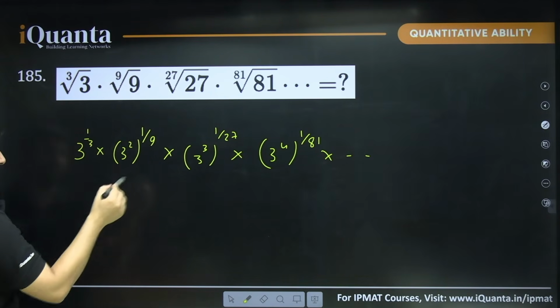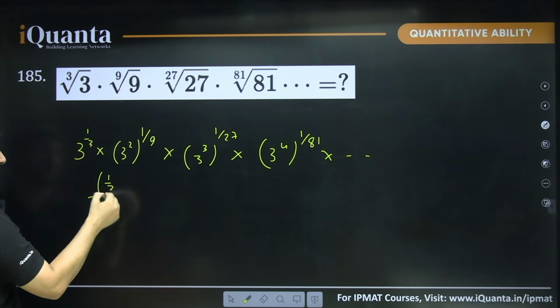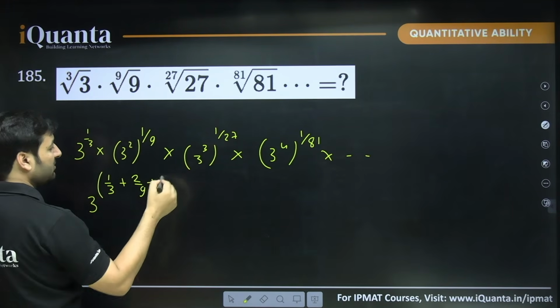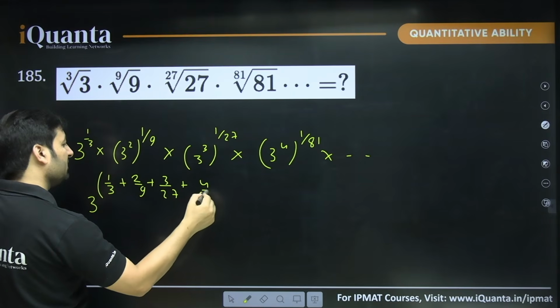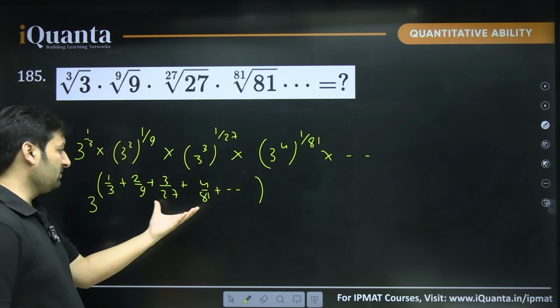Let's try to boil down this series. We have powers being added. So 1 by 3 from here plus 2 by 9 from here plus 3 by 27 from here plus 4 by 81 from here and so on. So this is the sum of a series. If we just focus upon the sum of the series, we will get it.